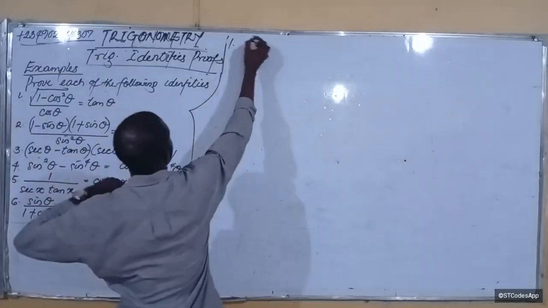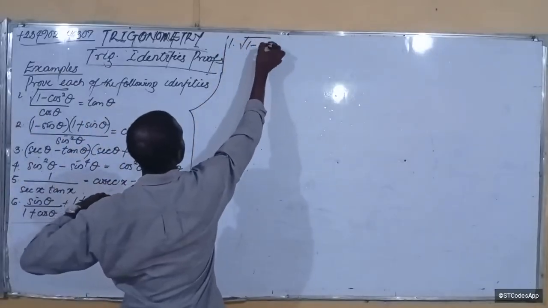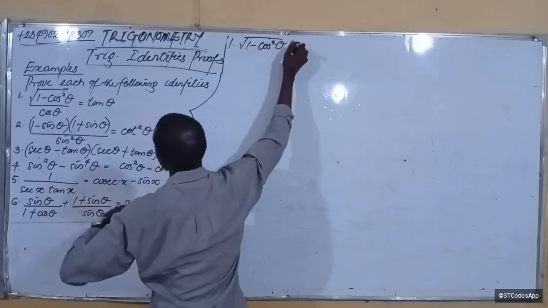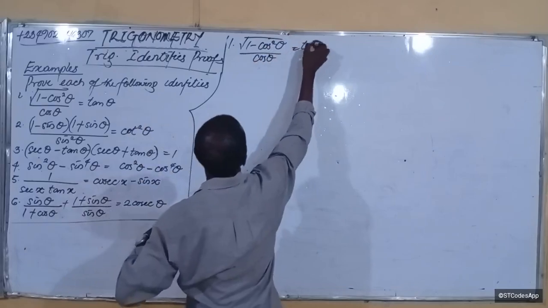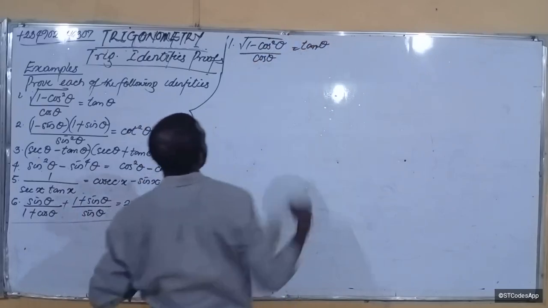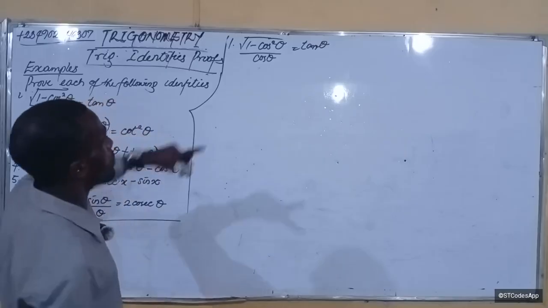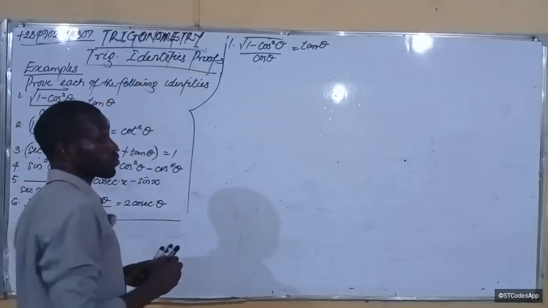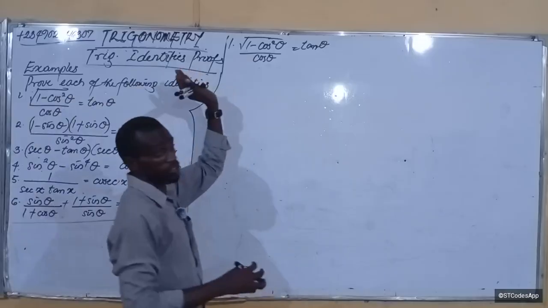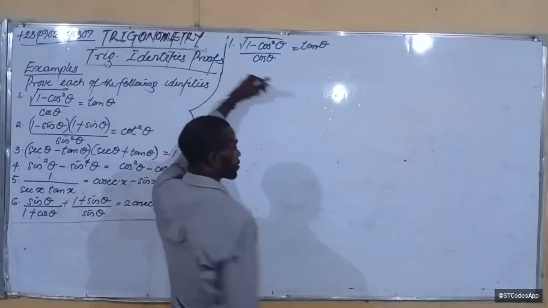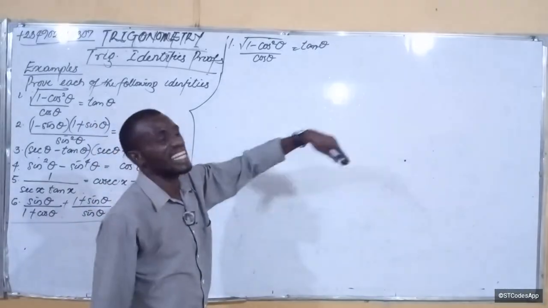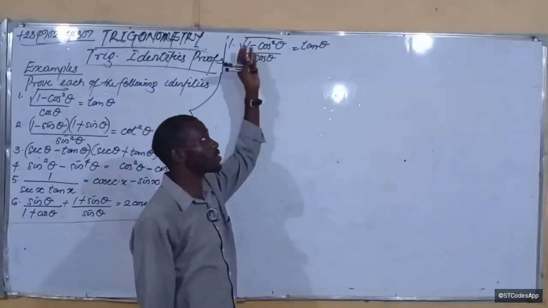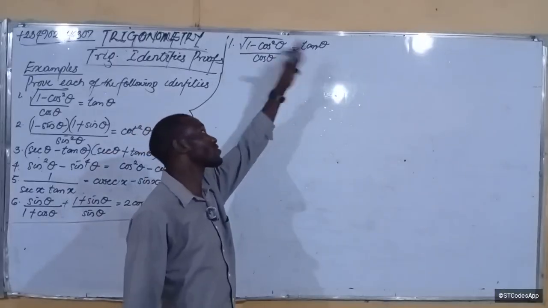Now I want to prove number 1. We have the square root of 1 minus cos squared theta over cos theta is equal to tan theta. Very simply, what you do is compare these equations. Make this the left side and this the right hand side, and try to make this equal to this.